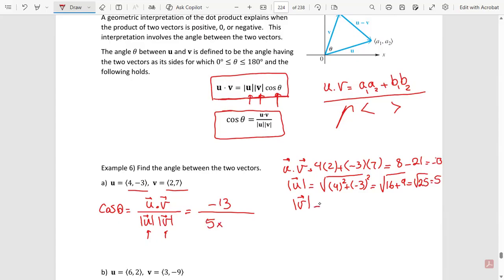Now we need to find the magnitude of vector v. We square the horizontal component, square the vertical component, and then add them together, which is 53.